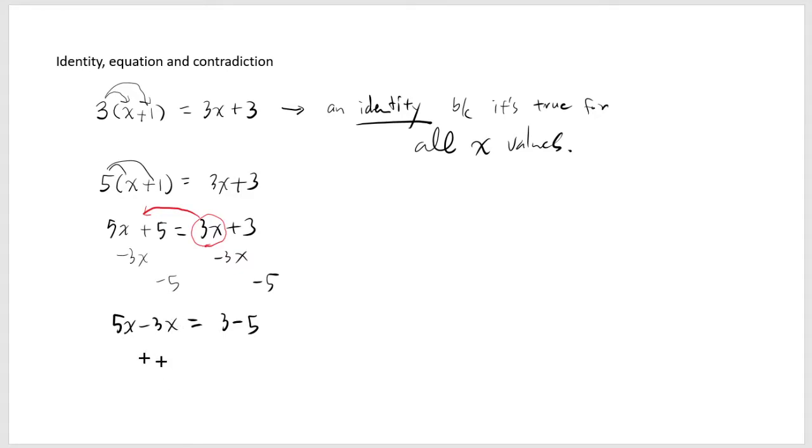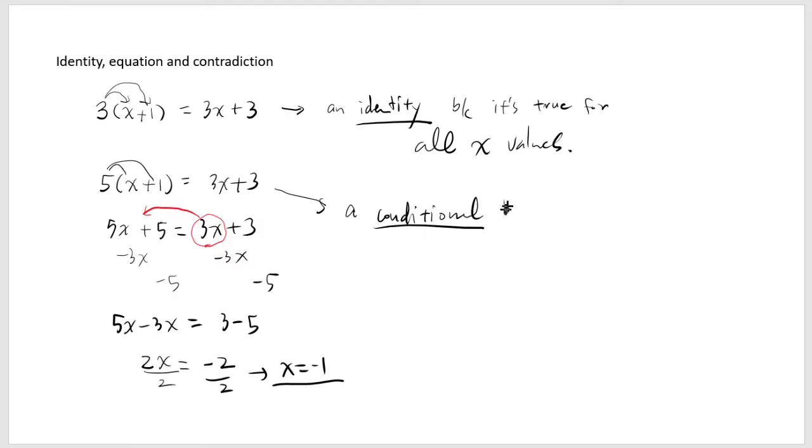You have 2 Xboxes, right? Something like that, right? So that's equal to 2x. 3 minus 5 will be negative 2, and then finally you divide by 2, you get x equals negative 1. Okay, so this one here is what we call a conditional, because it's true for x equals negative 1 only.